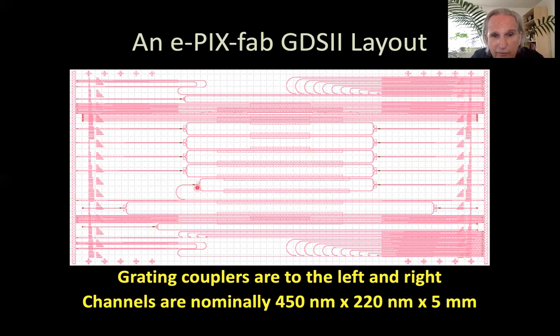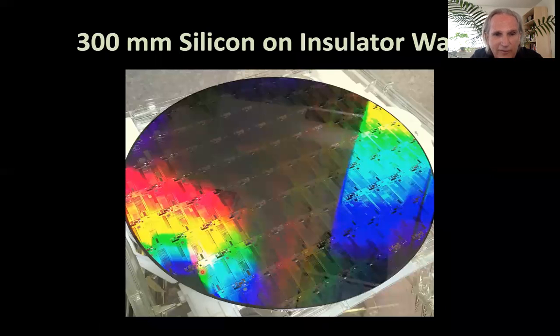The red is the silicon, and these pedestals are standing up 220 nanometers high. And this, I think, it says here, is 5 millimeters long. So at any rate, this is a layout that we do. Again, this would be very hard to do in a laboratory. It's something that's done in a foundry.